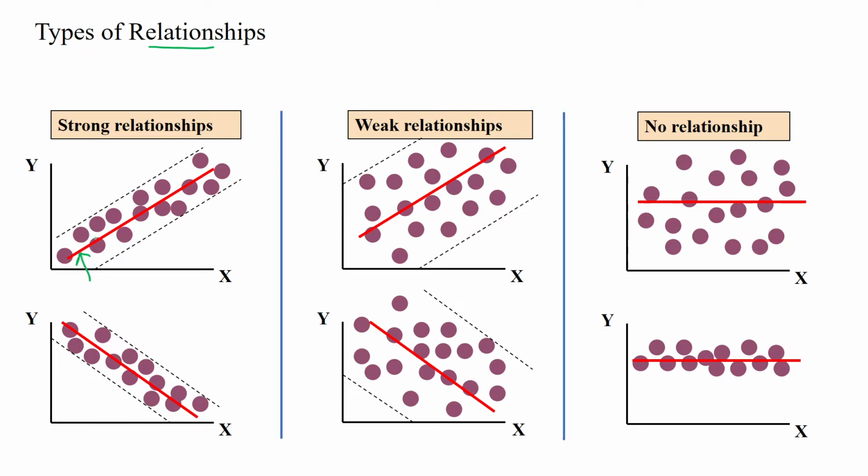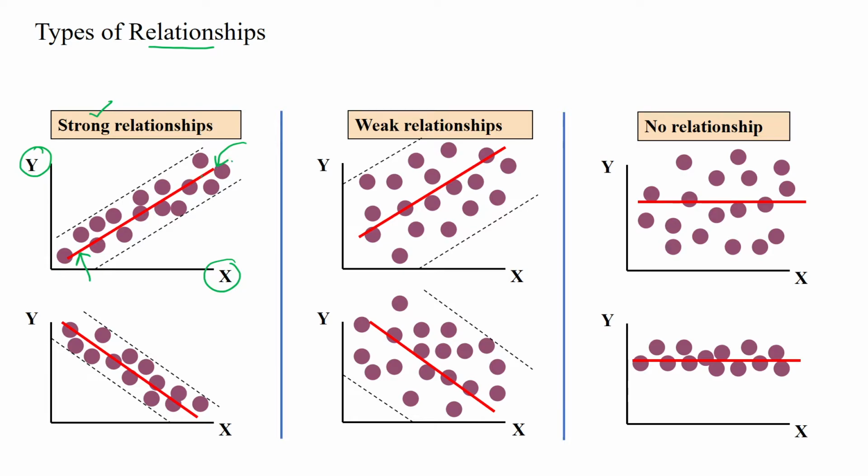When the data points are close to the decision boundary, then we can say the data have a strong relationship between the y variable and x variable. The dependent variable and independent variable both have a strong relationship in this data set. This line is called the decision boundary.